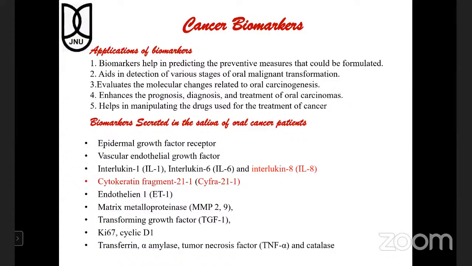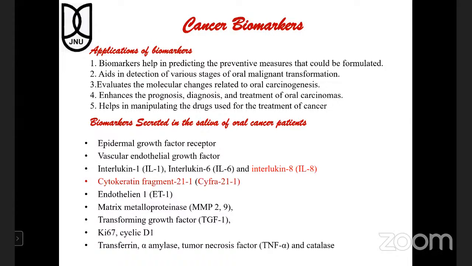Now, as I discussed, the application is in the biomedical area, so I will discuss cancer biomarkers. Specifically, we have chosen biomarkers like IL-8, interleukin 8, and cytokeratin fragment 21-1, CYFRA 21-1. But there are other biomarkers reported in the literature which are being used for cancer diagnosis.